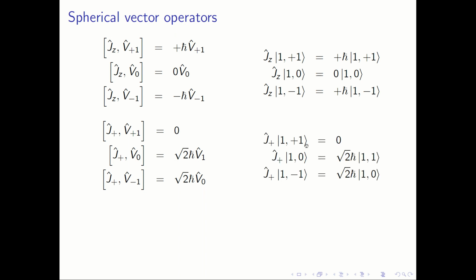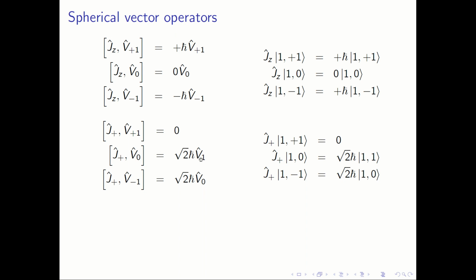J plus acting on |1,1>, after all |1,1> is the highest weight state, you can't raise the m value any further, is 0, just like this is 0. J plus |1,0> is root 2 ħ |1,1>, which is what you have here. This should actually tell you why you put in a 1 by root 2 in the definition of V plus 1 and V minus 1.